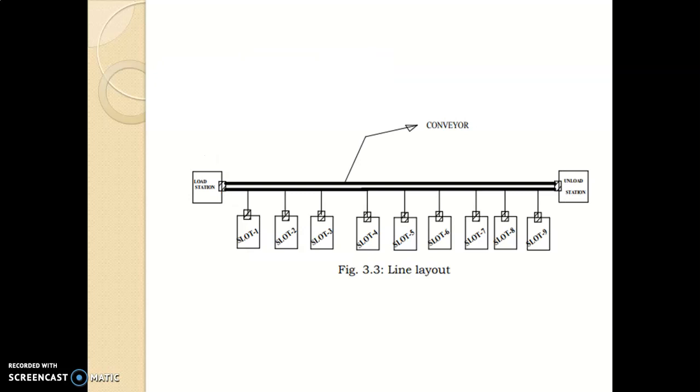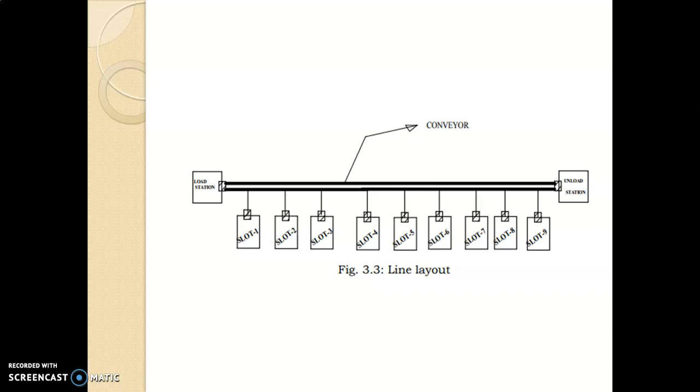The figure shows the line layout or progressive layout. Loading is on the left side of the station and unloading is on the right side, connected by means of a conveyor. Slot 1, slot 2, slot 3, slot 4 are the machines which are processing the component. The progressive or line layout is used for producing a variety of parts.